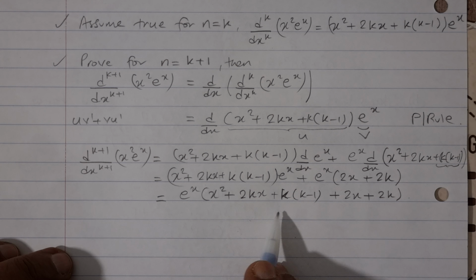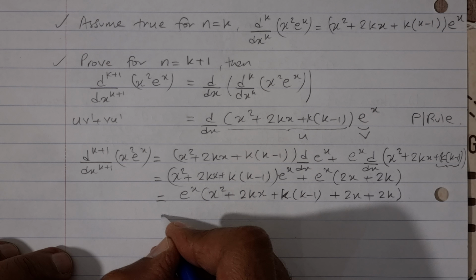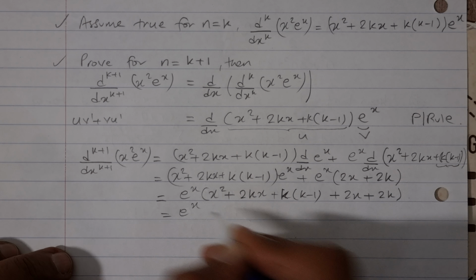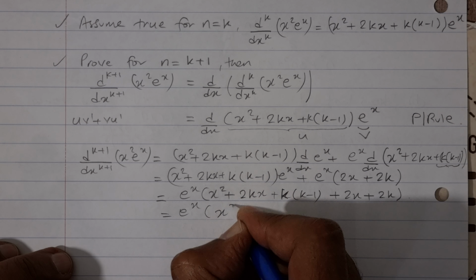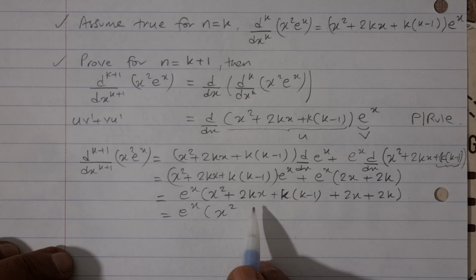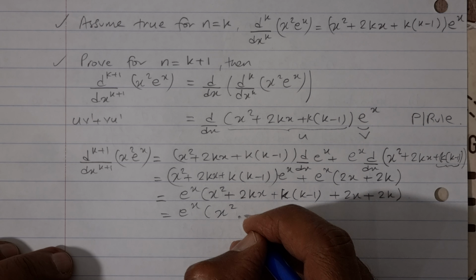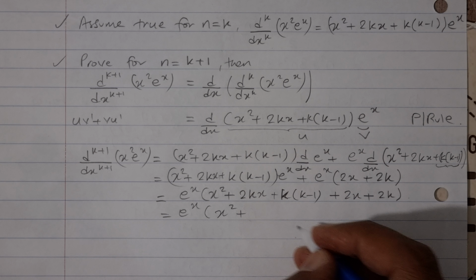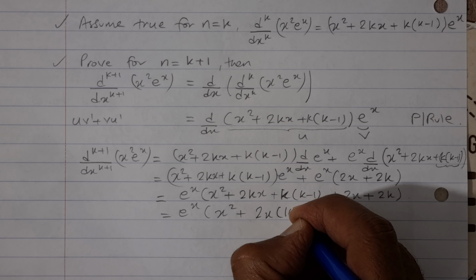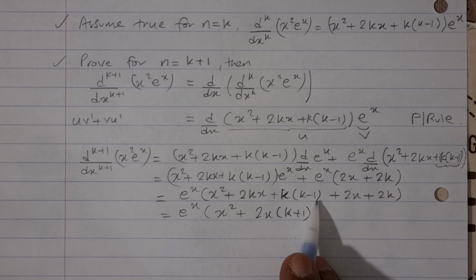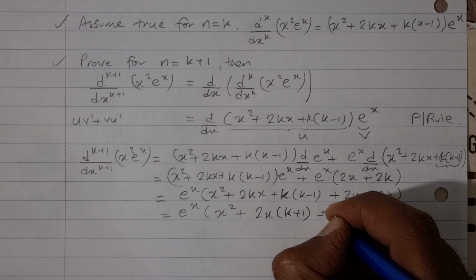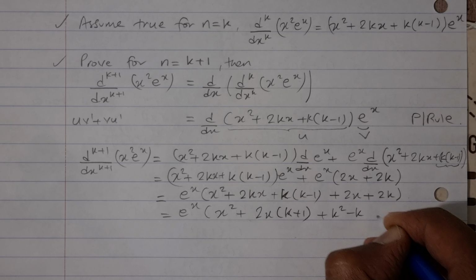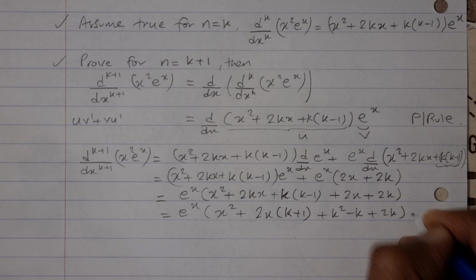Right, so what I have is then e to the x into x squared. I want to simplify something, 2kx and 2x. So the 2x can go outside and I have k plus 1 inside. Now I've got k squared minus k plus 2k.